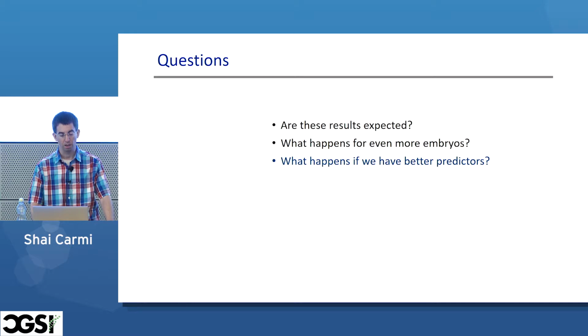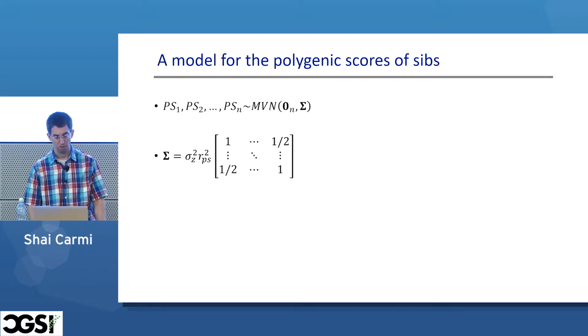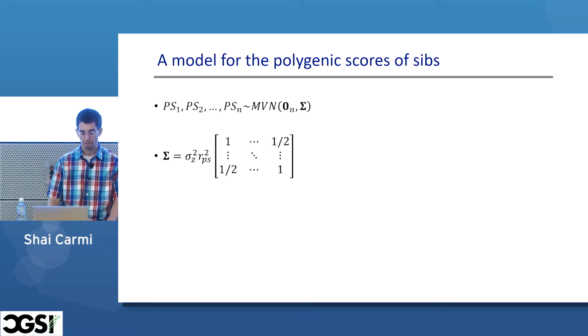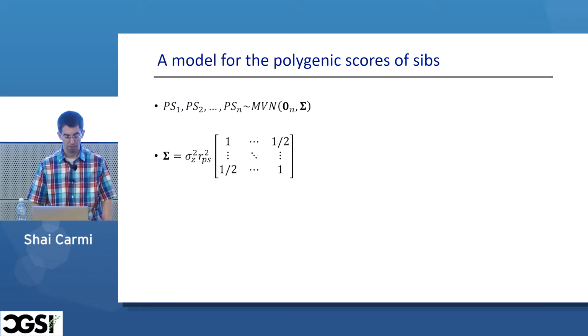But more importantly, we want to know what happens if we have a better predictor, if we can explain more variance in the trait. So the model that we used is the following. Let me go over a few slides of explaining the math here.